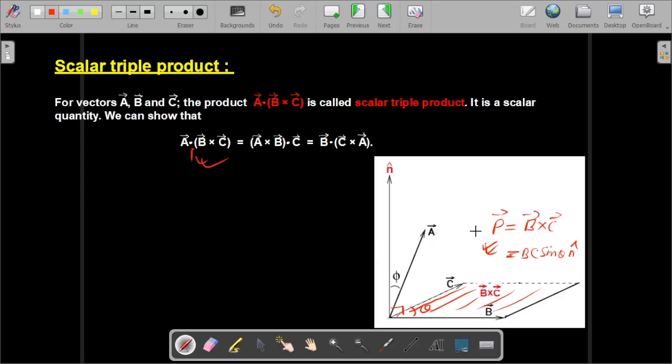So there must be an angle between B cross C and A, which is denoted by phi here. I have denoted that angle by the letter phi. This is the meaning of scalar triple product. Understood?